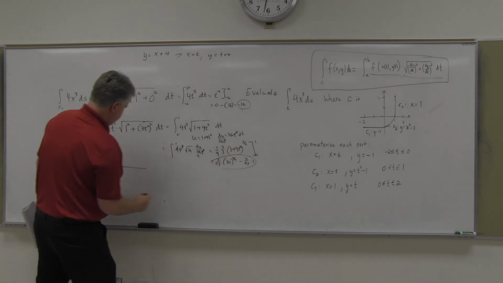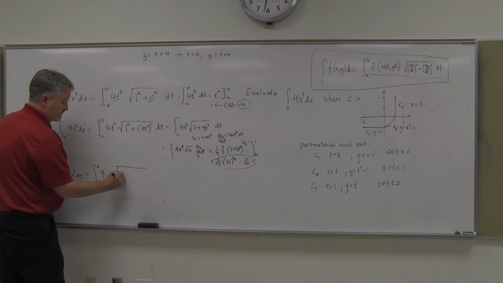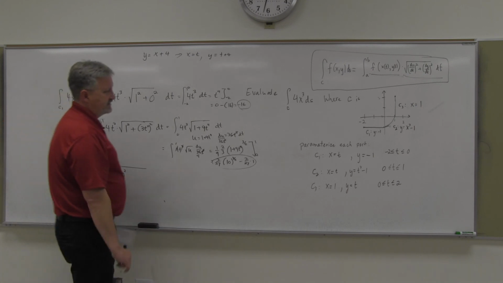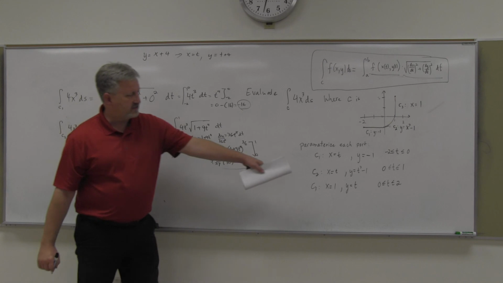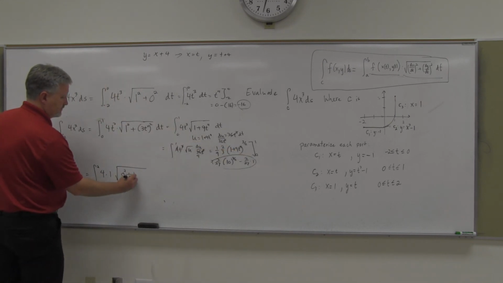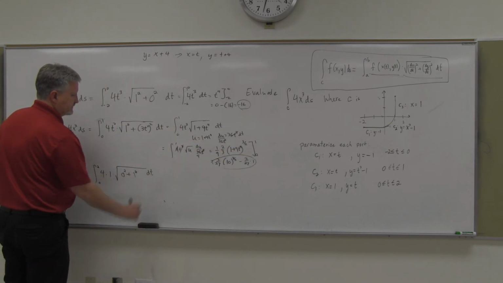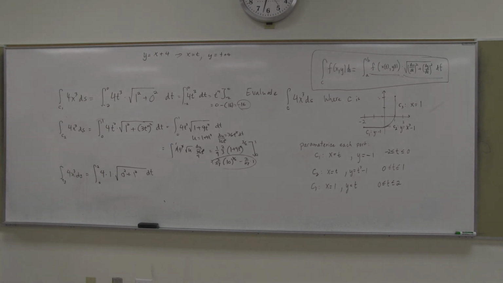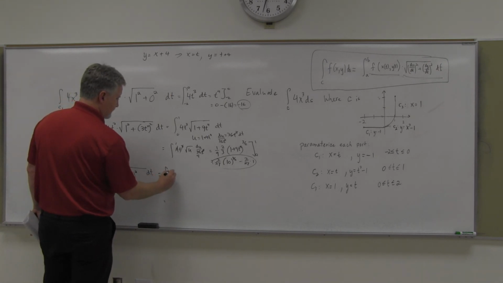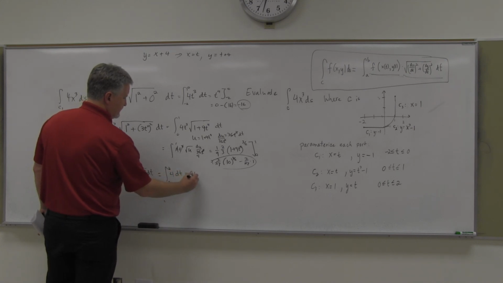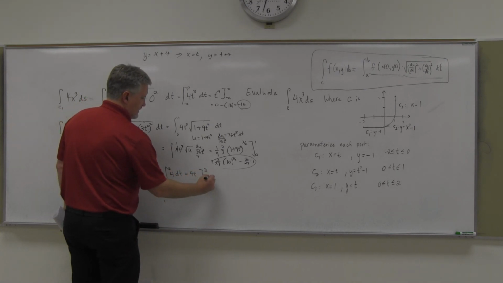The derivative of x, well x is 1, so the derivative is 0. And the y is t, so the derivative is 1. So that works out pretty nicely. Square root of 1. So the integral is just 4t, 0 to 2, which is 8.